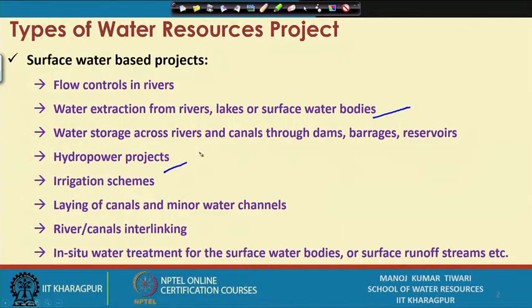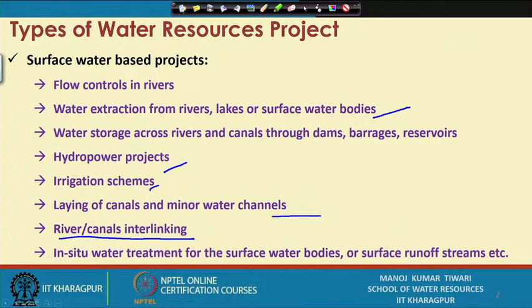Then hydropower projects, which are typically based on surface water resources, irrigation schemes, laying of canals and major water channels, then river and canal interlinking. This has been in talk around a decade back.